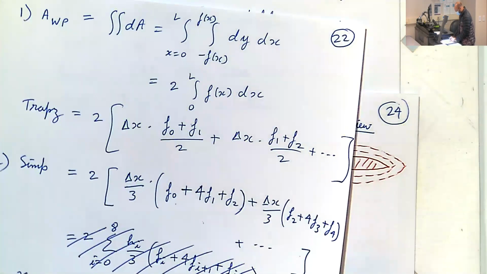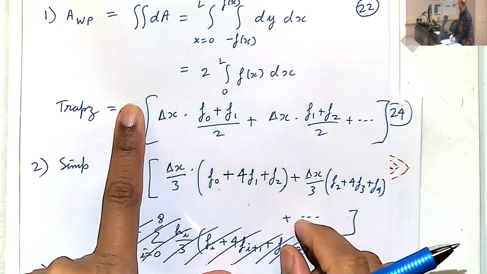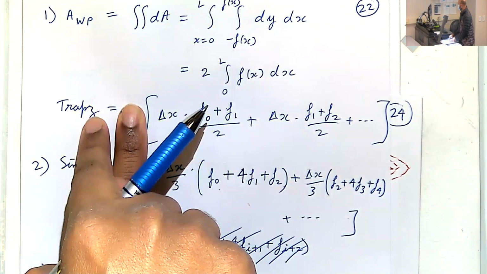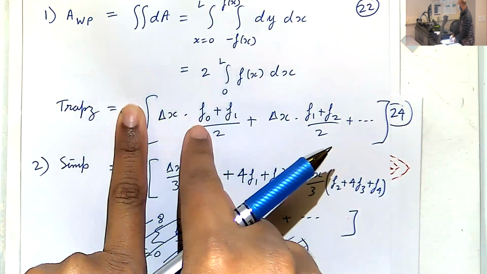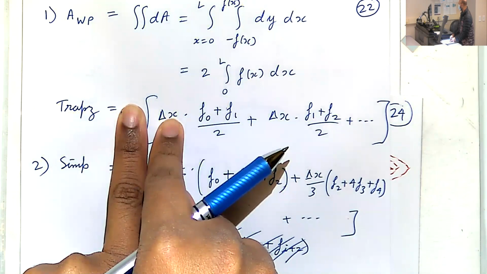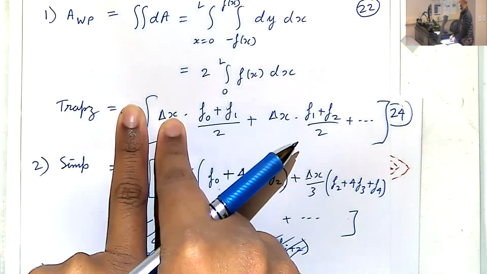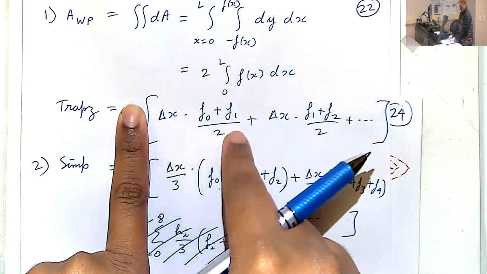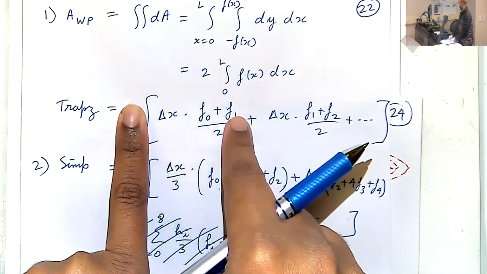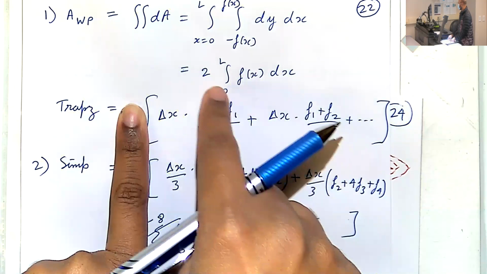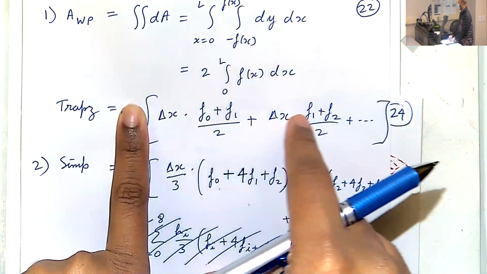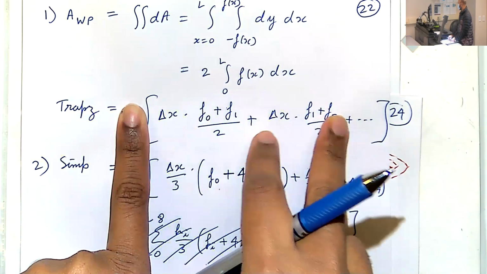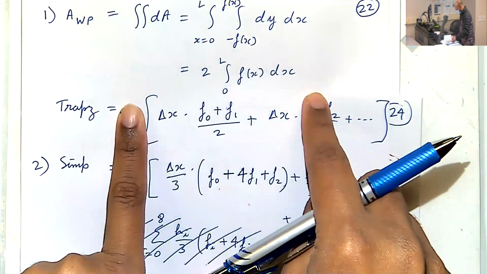Okay, I'm just bringing back one of the older pages. Look at this. Trapezoidal rule is what? It's the distance between the left point and the right point times the average of the two heights, okay? That's the first interval. The next interval is the distance between the next 2 points and the average of the 2 points. You do the same thing here.